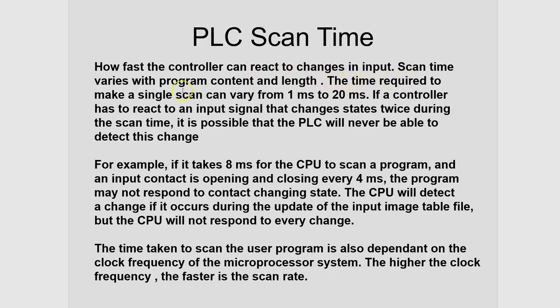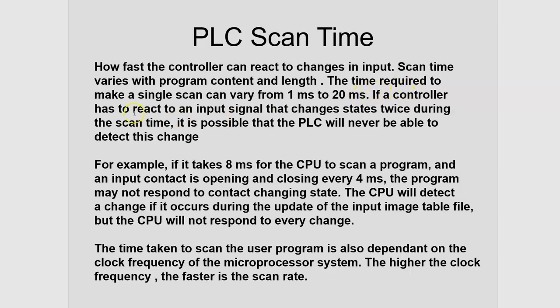The time required to make a single scan can vary from 1 millisecond to 20 milliseconds, which seems pretty fast, but it is possible to have signals change pretty fast. If it changes in 25 milliseconds, then there might be an issue.